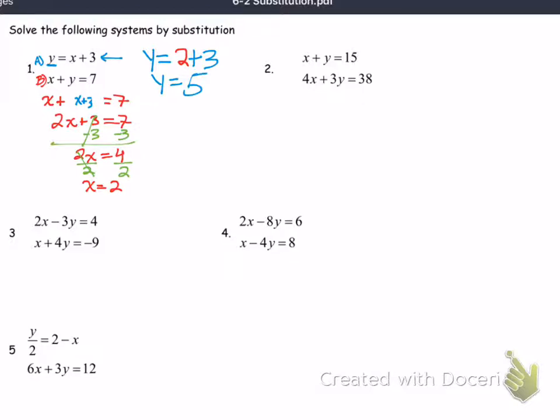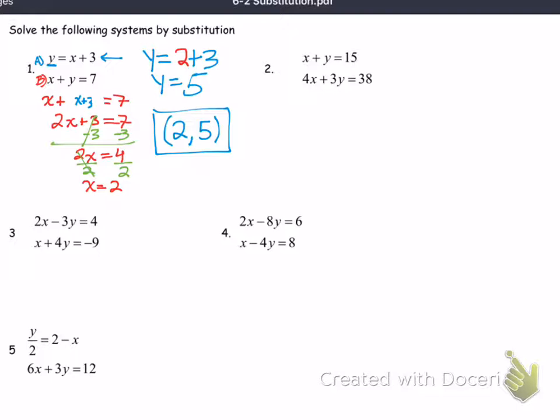So my final coordinate point is (2, 5). This is the point where lines A and B intersect. And that's what substitution is.